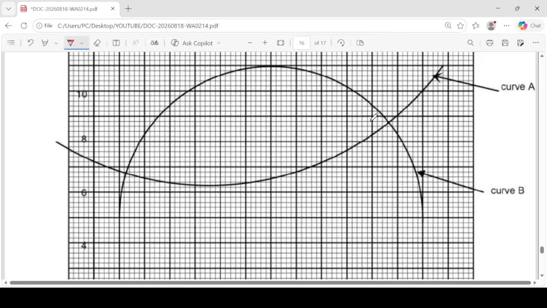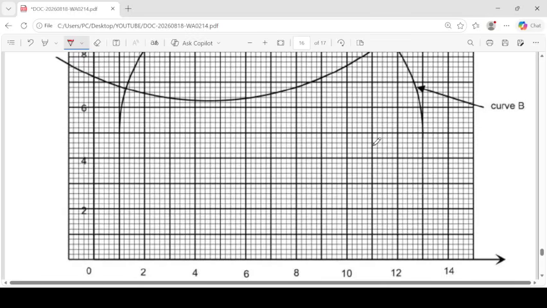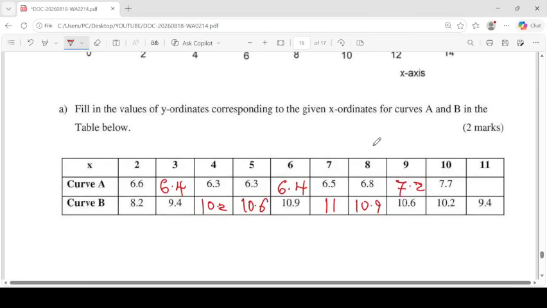Sorry, curve A, they want curve A. Curve A should be reading 8.3. So the moment we've gotten those particular values, ladies and gentlemen, we can now make some progress.